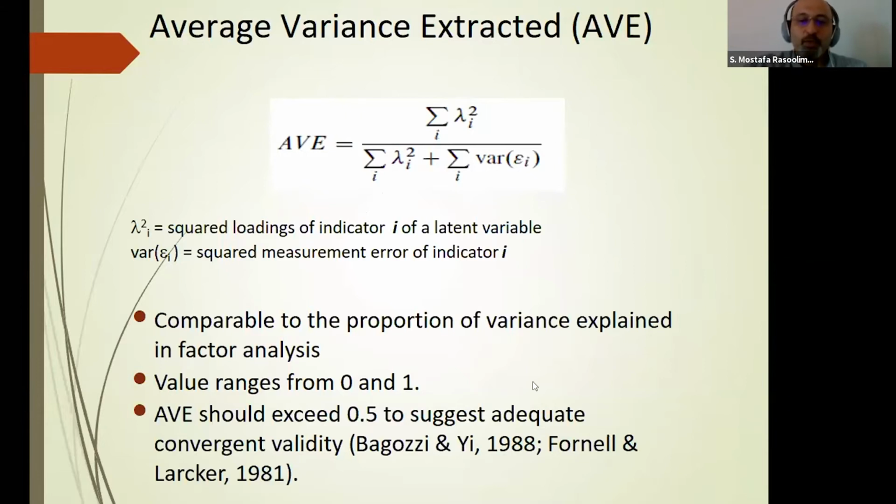So this value should be higher than 0.5. So this is the criteria for reliability and convergent validity.